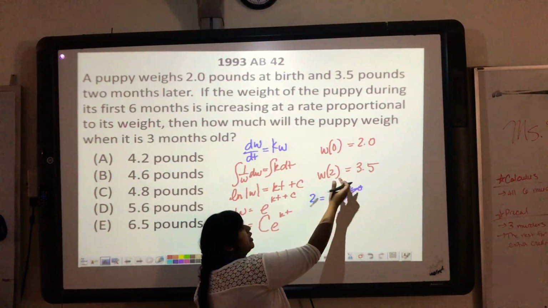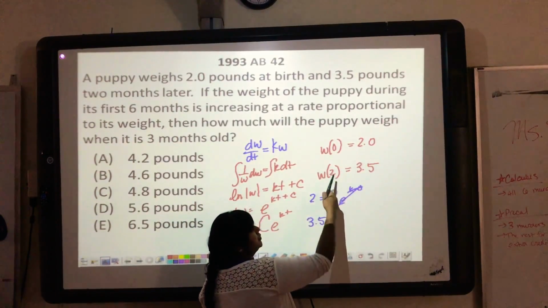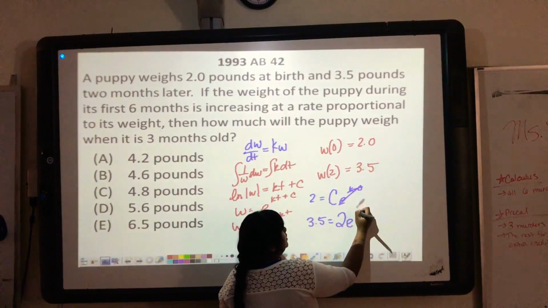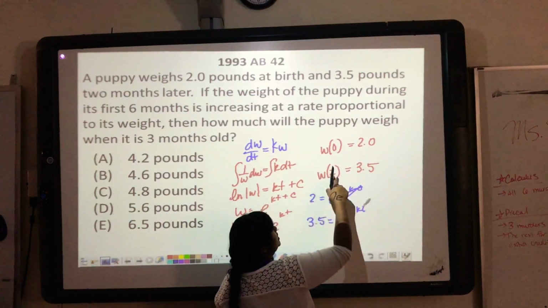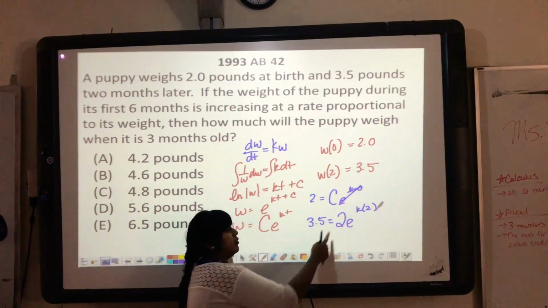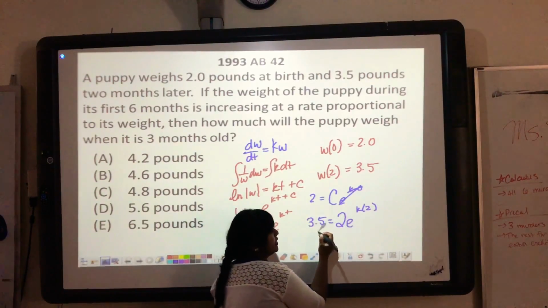So I solve for my c. Well, now let's solve for our k. Let's plug in these values. So 3.5 is equal to, I now know my c, so 2 times e to the k times, what was my t? 2. Okay, so now I can just divide that away, bring this over, and then we would just take the ln.